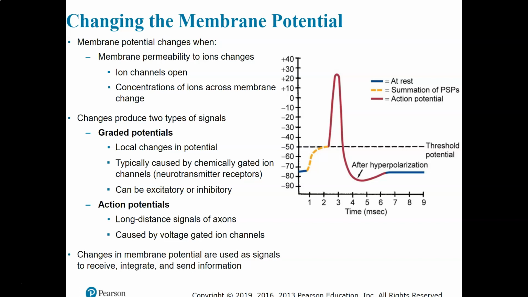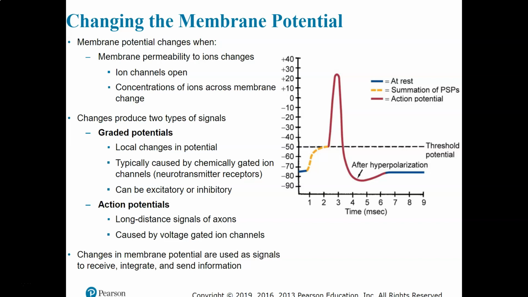Note these graded potentials can be either excitatory or inhibitory. Excitatory potentials make the cell more likely to fire an action potential. Inhibitory potentials make the cell less likely to fire an action potential.